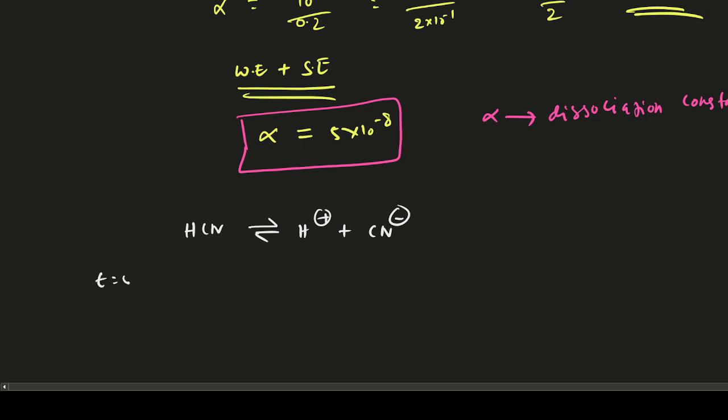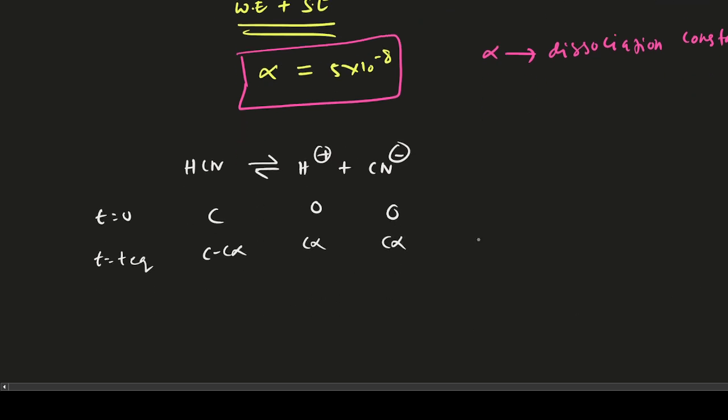At t equal to 0, the concentration is C, so no dissociation has happened. At equilibrium, it is C minus C alpha, C alpha and C alpha. We have not added any strong electrolyte now, so what is the dissociation constant value? That is what we are going to calculate.